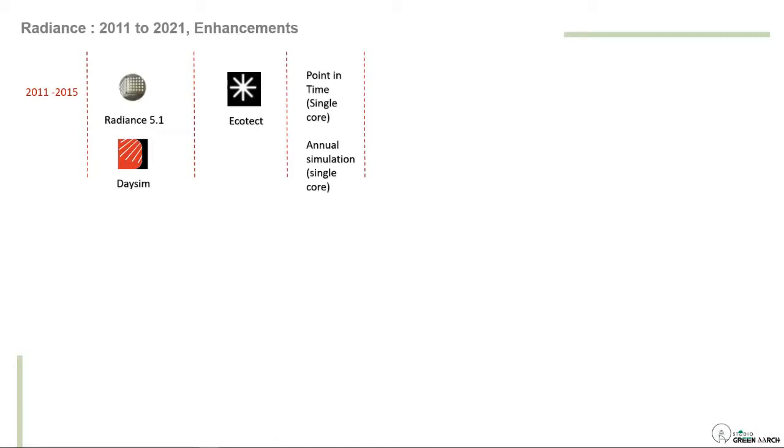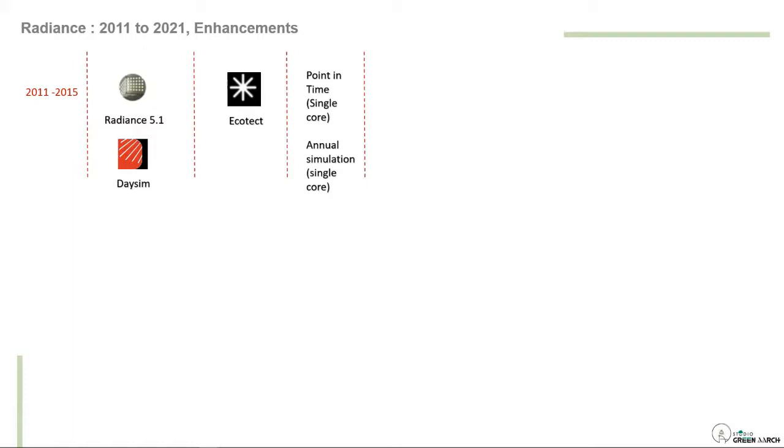At that time we were using Radiance 5.1 for point-in-time analysis with a single core. Single core means whenever you buy a commercial laptop, you have some simulation power with your system, like how many cores, Intel core, 8 core, 6 cores. So at that time, the Radiance you were using was only using one simulation core. That's why it was taking a lot of time, right?